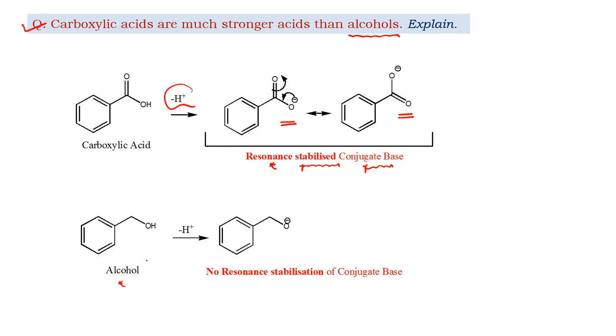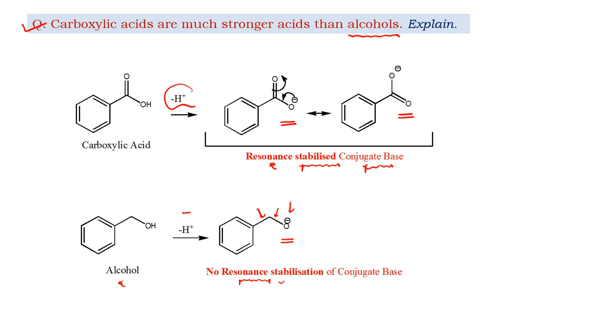If you think of the similar case with the alcohol, by donating H plus, it forms an O minus, but this O minus does not have any possibility of showing resonance, because this O minus is separated by two single bonds, as we have seen. So this system is not conjugated.